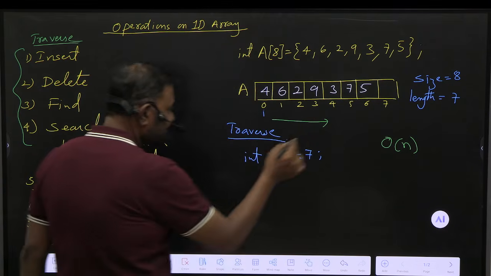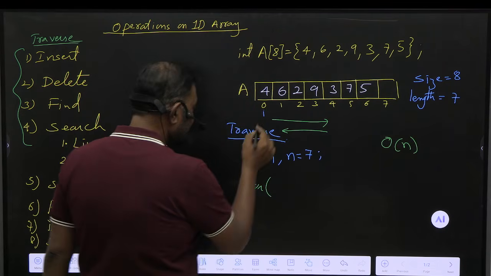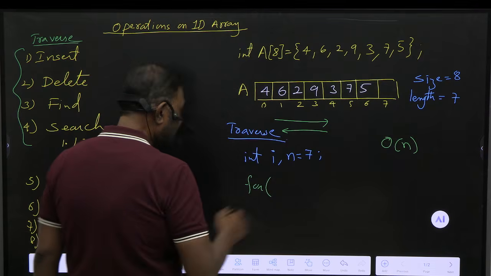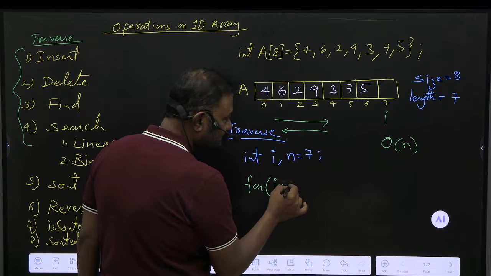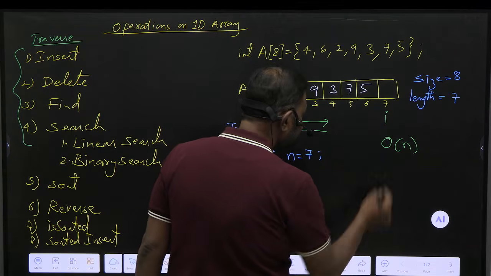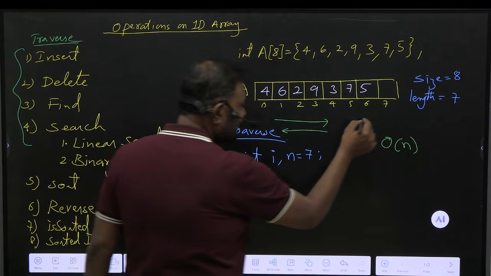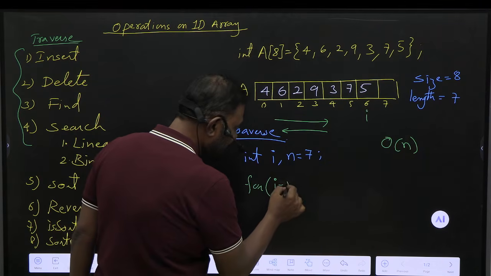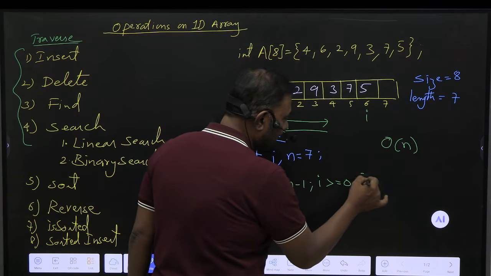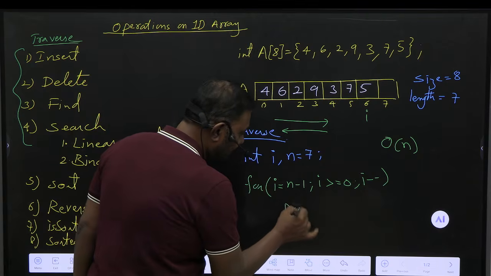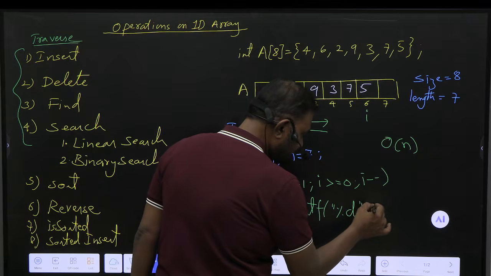Now, if you want to traverse this array backward, you have to again use a for loop, but this time I will not be starting from here. I will be starting from this place. So for i assign n minus 1, i greater than or equal to 0, and i minus minus, it will be decrementing, and you can print f percentile d a of i.